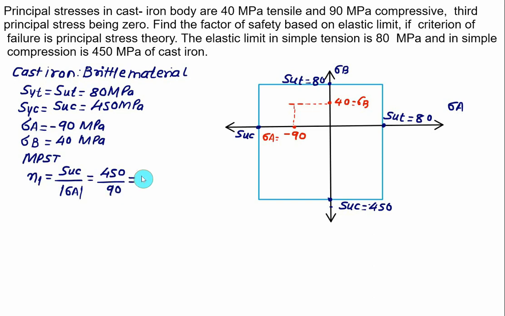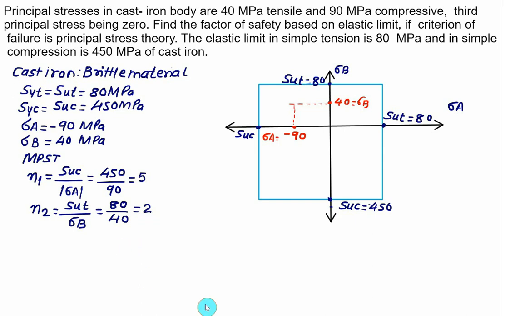One value of factor of safety we obtained is equal to 5. Then the second factor of safety you have to calculate based on sigma B. Sigma B is tensile in nature, so you have to use SUT divided by sigma B. SUT is given as 80, so we have 80 divided by 40, which is a factor of safety equal to 2.